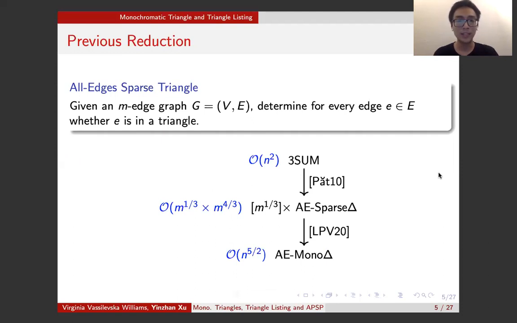Note that in this problem, the edges do not have any colors. The previous reduction first reduces 3SUM to multiple instances of all-edges sparse triangle, and then reduces these instances to a single instance of all-edges monochromatic triangle. Both of these directions are tight when omega is 2.